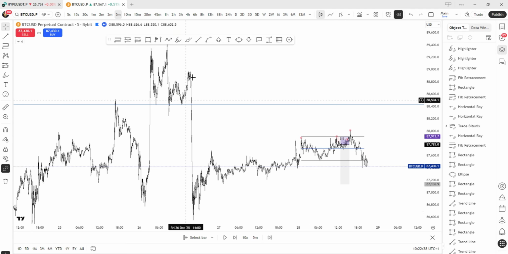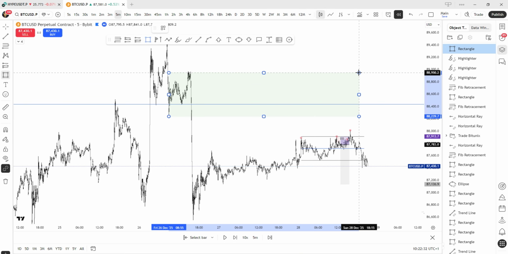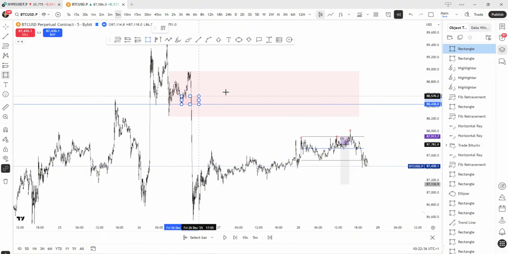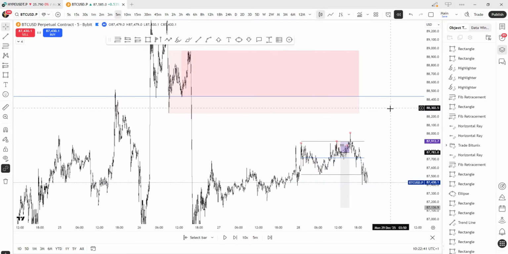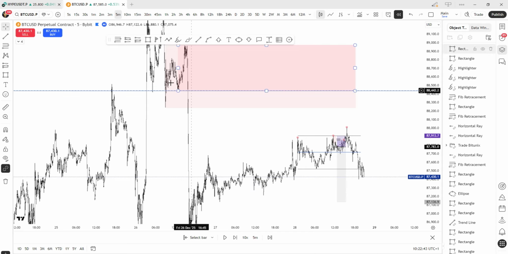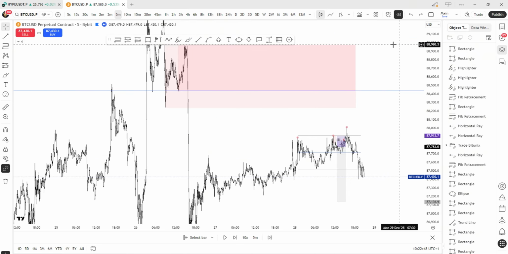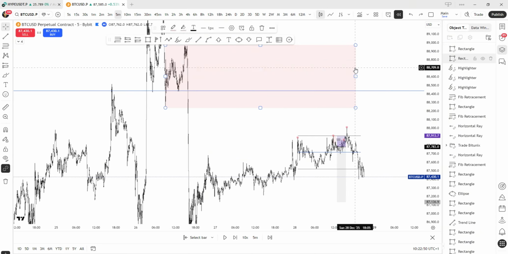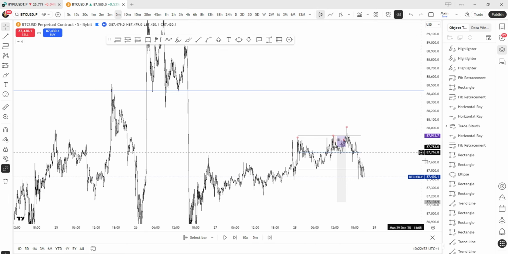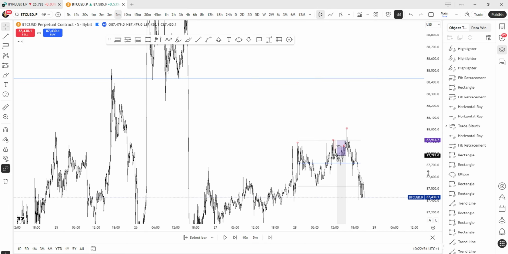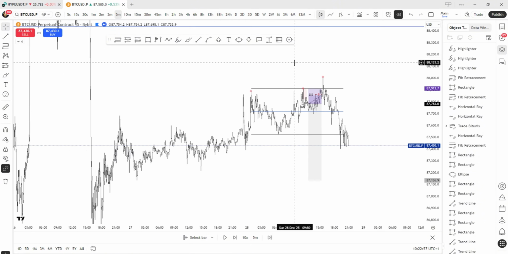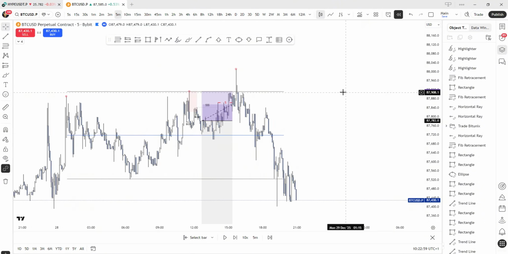We had here an order block and here a more refined block, which we don't have to mitigate. It's not necessary. We have here the fair value gap, and it's sufficient when we just tap into it.